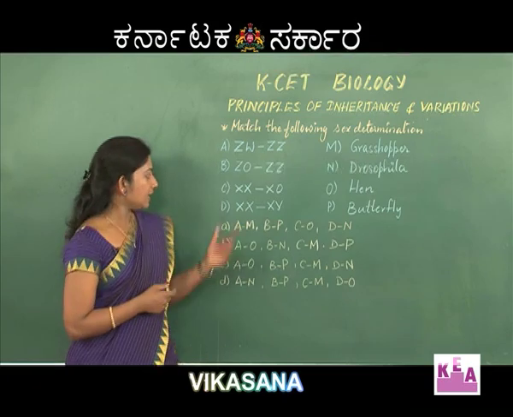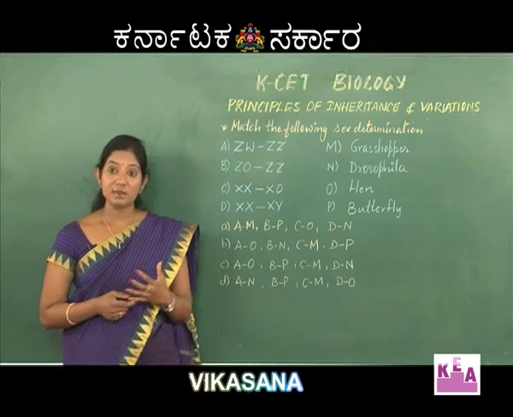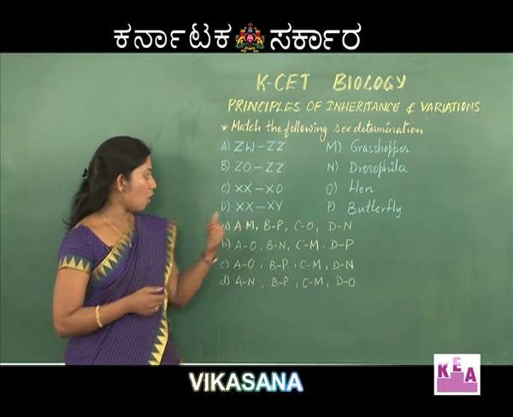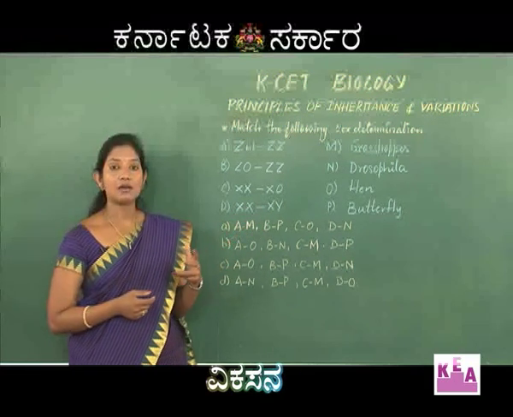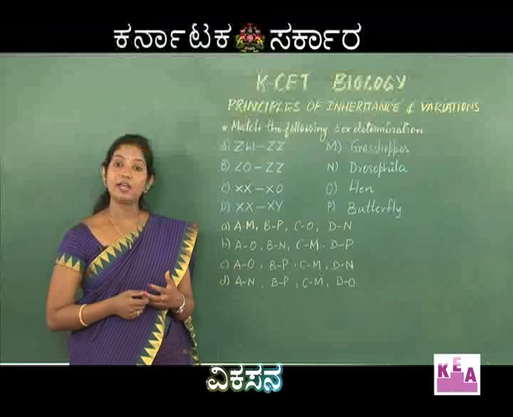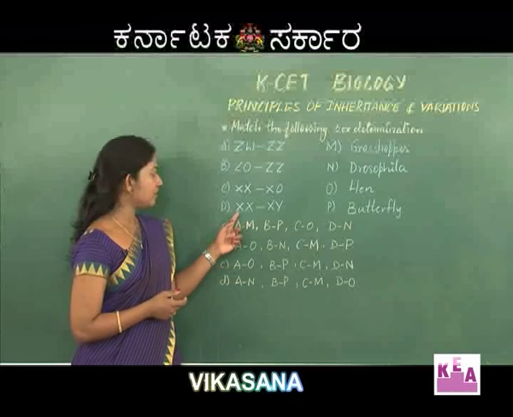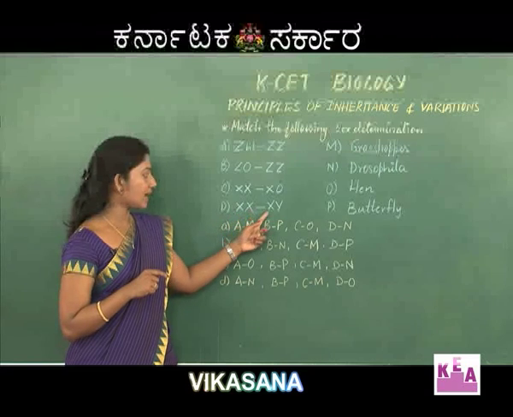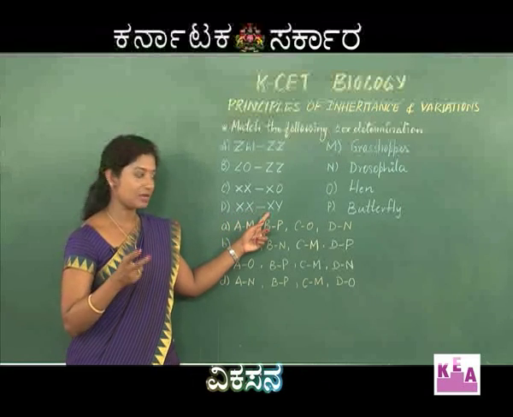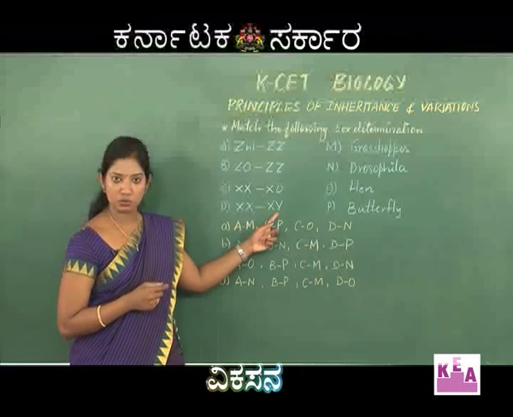Here the females are always homogametic and the males are heterogametic. That is, in female there are 2 similar X chromosomes, and in male there are dissimilar, that is X and Y chromosomes.